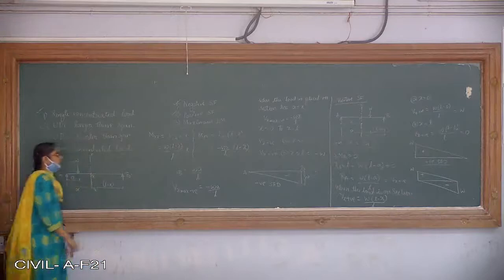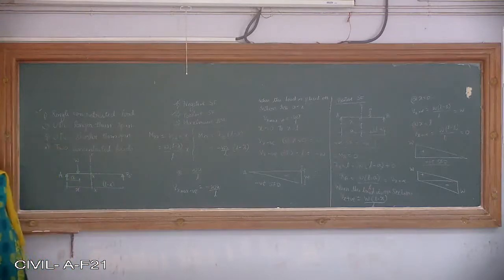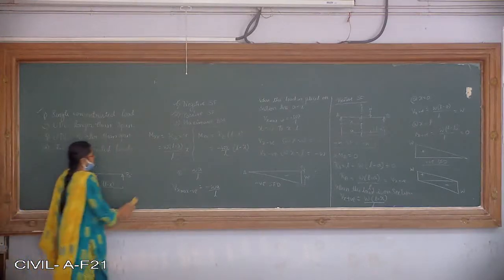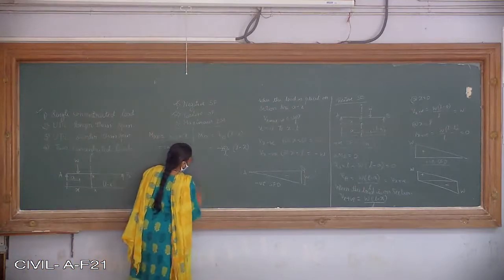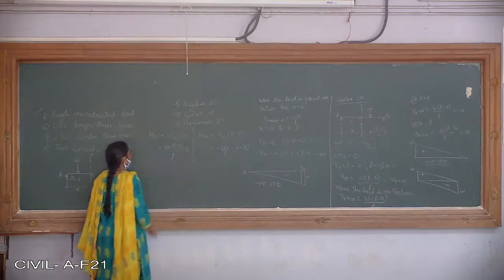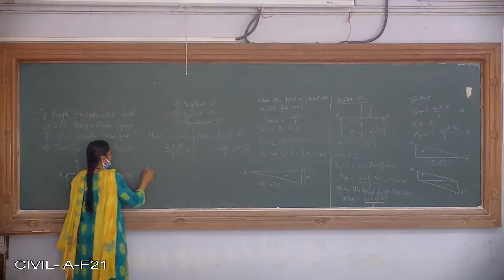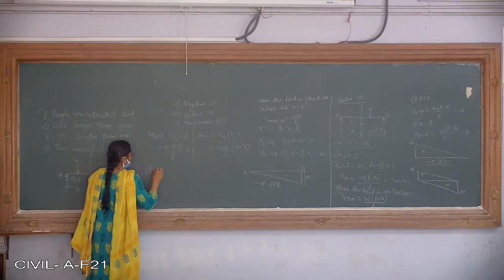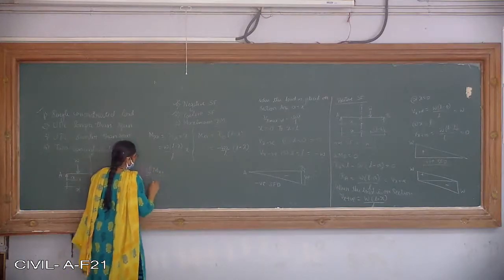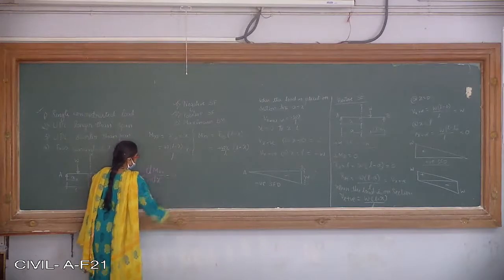Now again here this is the moment equation. Now if I want to find the location of maximum moment, what do we do? We have to differentiate dMx by dx equal to 0.